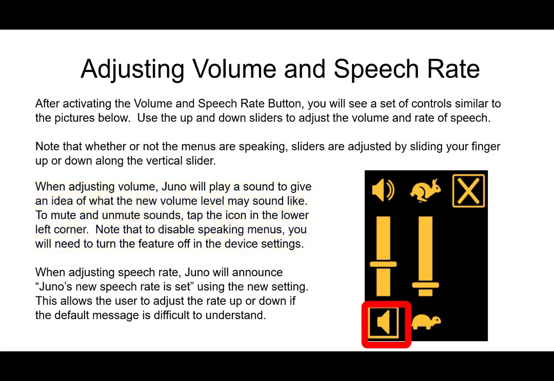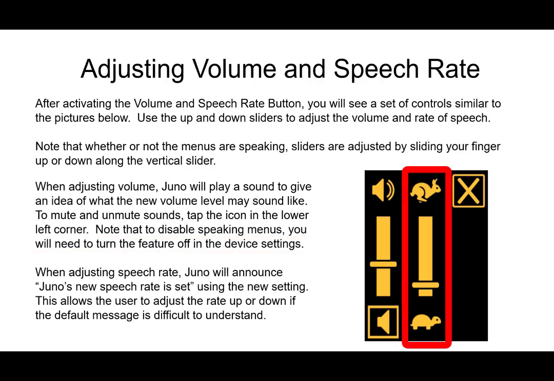Unfortunately, just to keep in mind, that will disable volume. It will not disable the speaking menus that we just learned how to turn on and off in the settings. So if speaking menus are still on and you think you're turning them off by turning the volume down, that's not going to work because you'll still need to double tap the menus and icons to get them to activate. It's just going to keep the Juno from speaking to you.